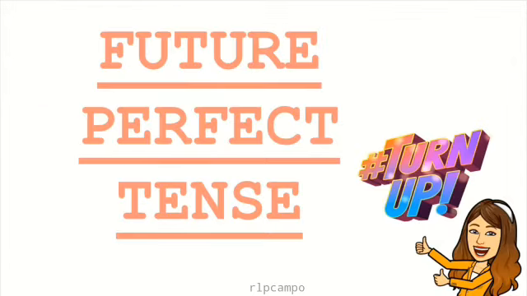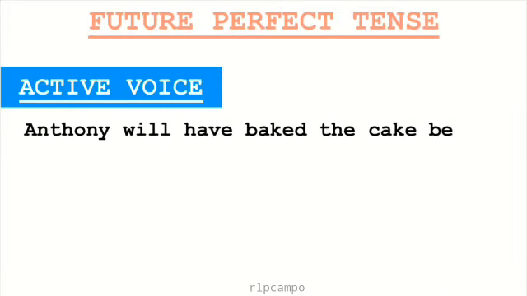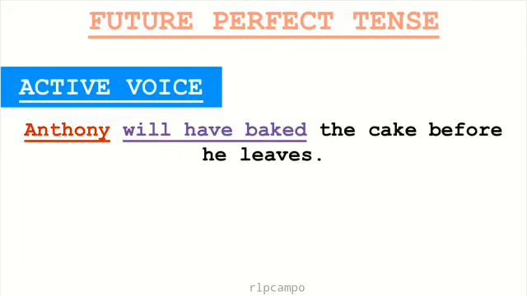Last is future perfect tense. Anthony will have baked the cake before he leaves. Anthony is the doer of the action. The be verb will is an indicator that the action will happen in the future.